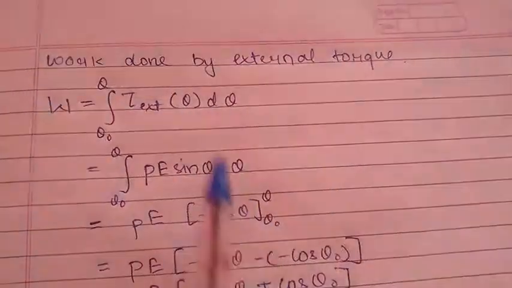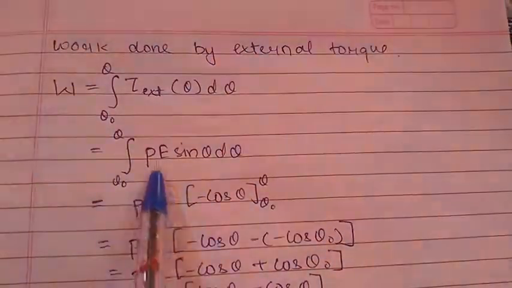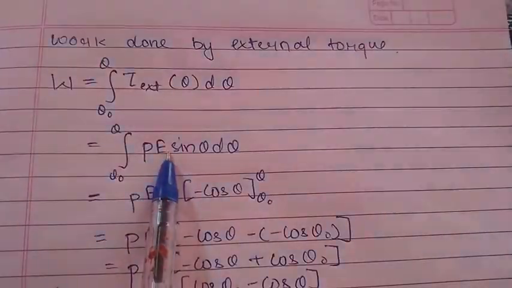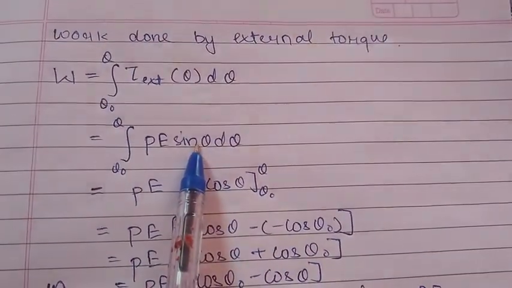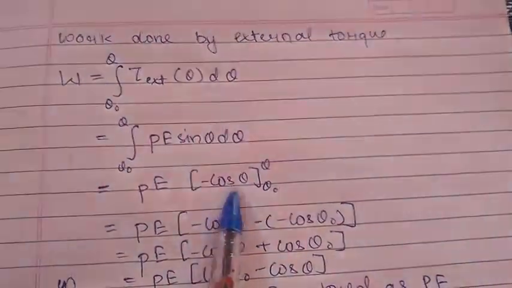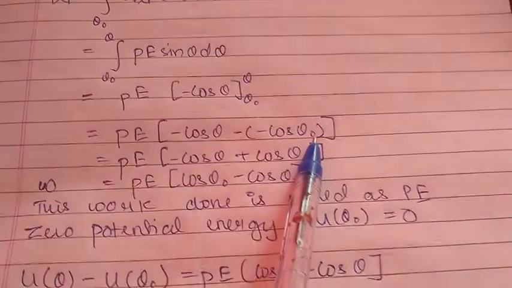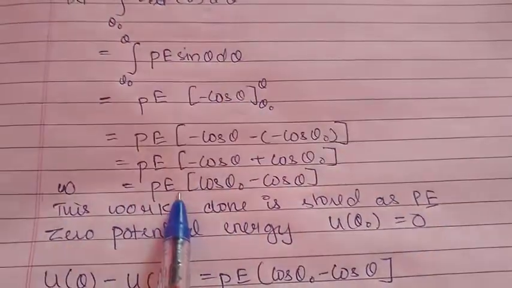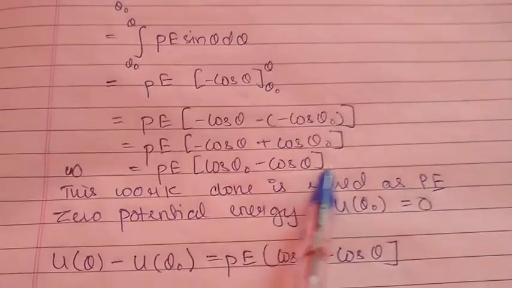The torque is P E sine theta, and as P, the dipole moment, and E are constant, you will take the integral of sine theta d theta. The integration of sine theta is minus cos theta. So when you apply the upper limit minus the lower limit, you will get this formula: PE (cos theta naught minus cos theta).